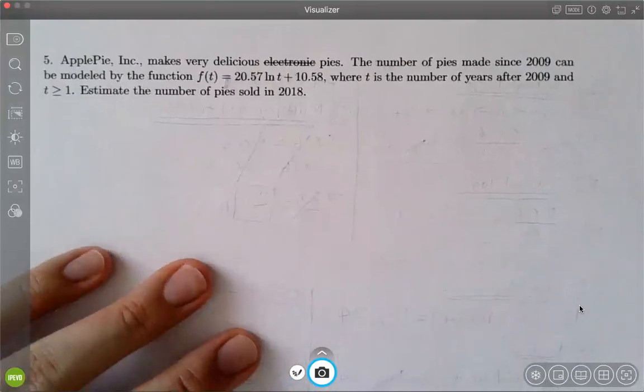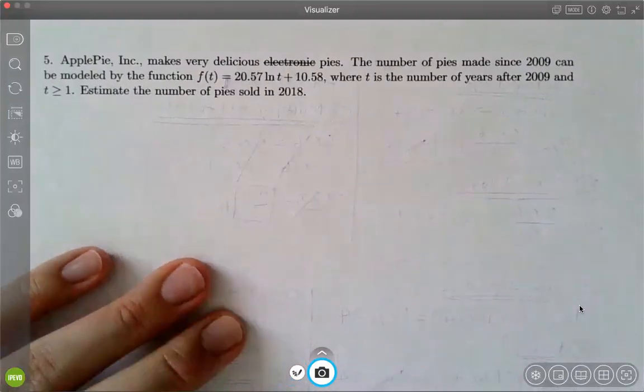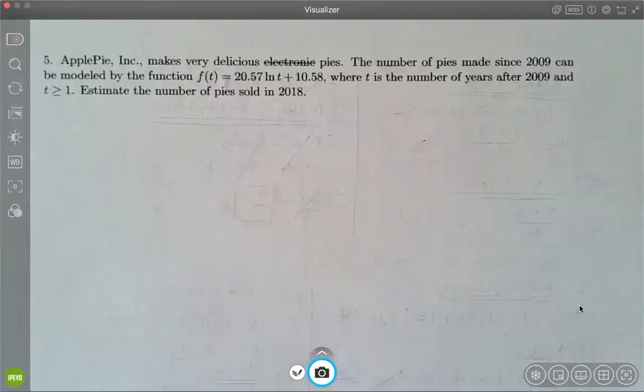Okay, I don't know, hopefully you like this word problem. It's not that hard. So Apple Pie is the name of the company, and don't try to Google this company name because you will not find any. Apple Pie makes electronic pies, so it's kind of powerful.